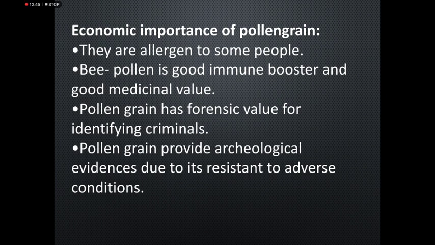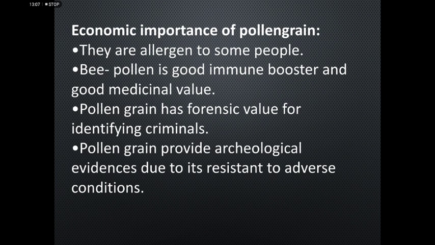Then pollen grain provides archaeological evidence due to its resistance to adverse conditions. During excavation of archaeological substances, we get several evidences. So pollen grain also acts as evidence because this sporopollenin can withstand several thousands of years.